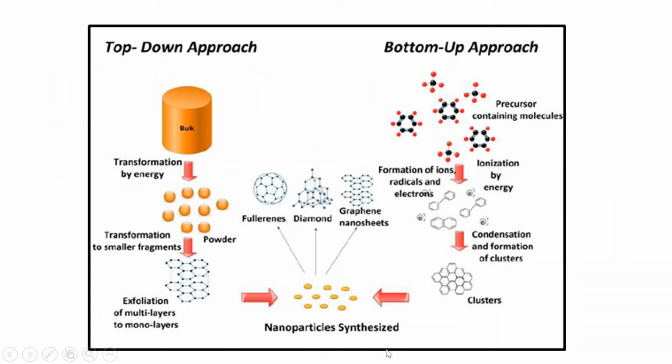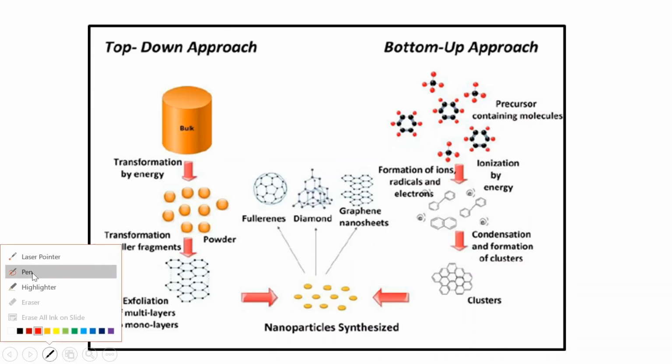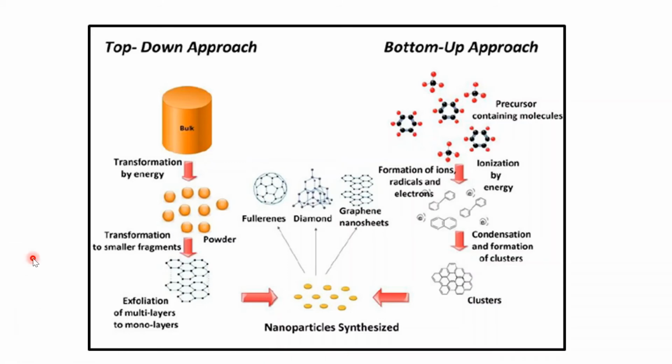Let us have some more idea about these two approaches. I will use the laser pointer here. So in the top down approach, you are starting with the bulk material. This is the physical technique, and it works on solid material only. In the bottom up approach, you will start with liquids or gases, while in the top down approach you will start with the solid.